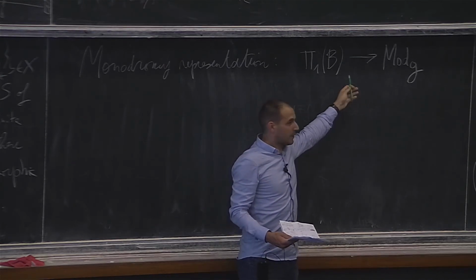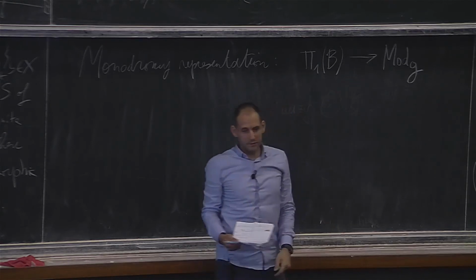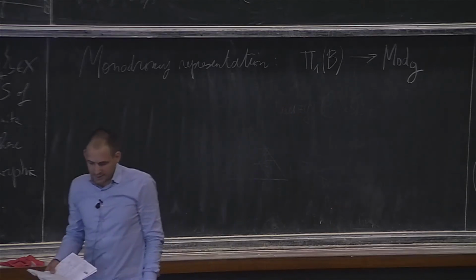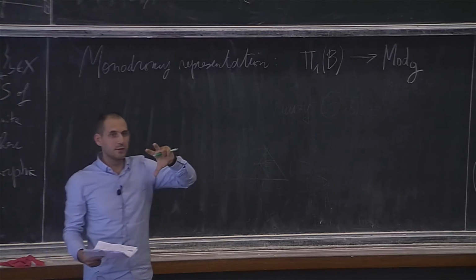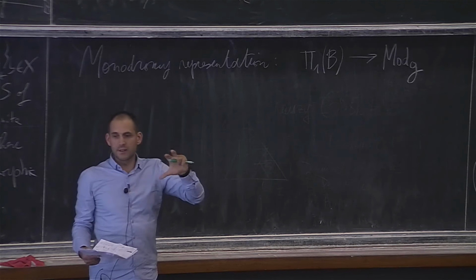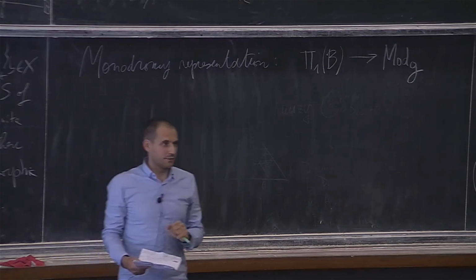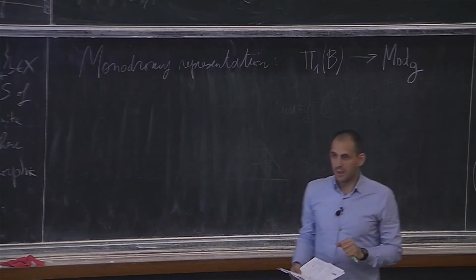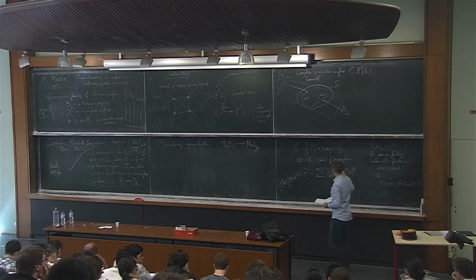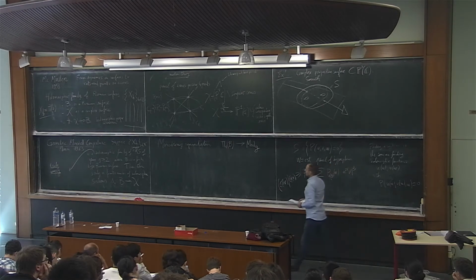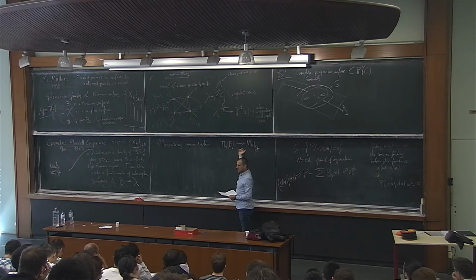So, for instance, what we are going to prove, and I hope we get to this result, is that this representation is irreducible, in the sense that there is no multi-curve which is invariant by the representation. This will be one of the very important ingredients. And also, the image of this representation is an infinite group.